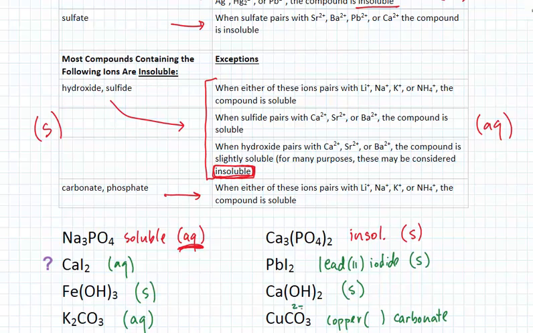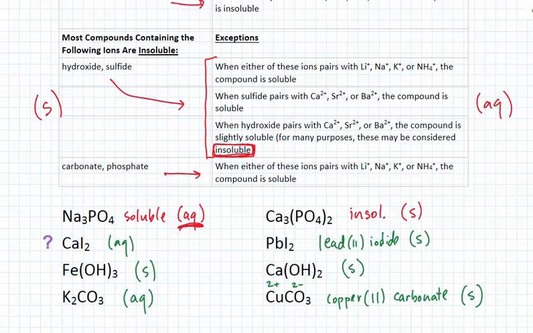It's 2 minus. So this copper is a 2 plus. This is copper 2 carbonate. If you haven't quite practiced all of your naming and formula and stuff, you would have gotten that one wrong. So be careful about that. Anyway, carbonate over here. Carbonates are insoluble. Copper is not an exception, so solid.